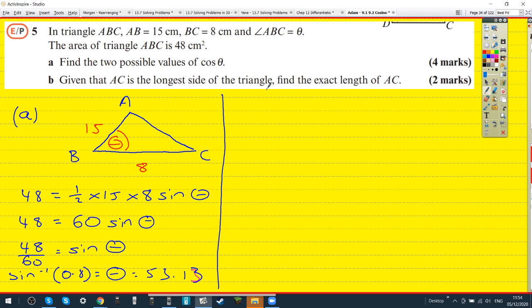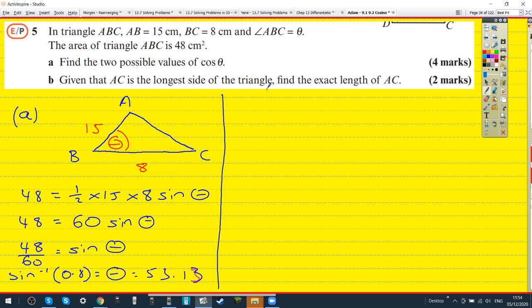Would you put cos to the minus 1 of 0.8? Which gives you 36.86. Hold on, or 87, no. Cos theta. So would it just be cos 0.8? Or is theta a different number than what we got for sine?